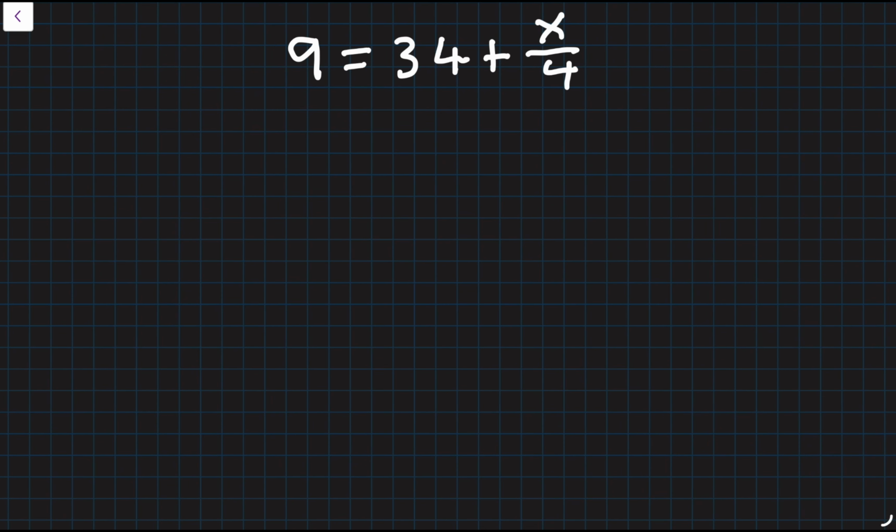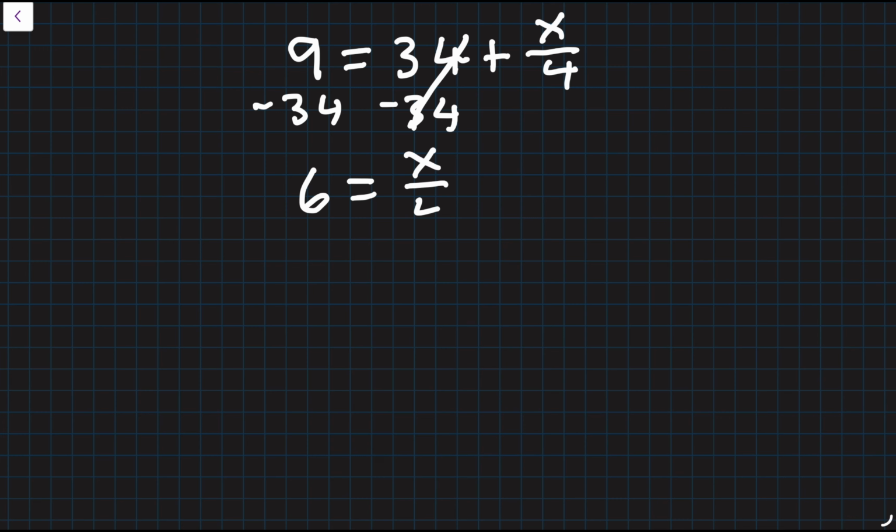Okay, so now let's try this problem: 9 equals 34 plus x divided by 4. First you're going to put negative 34 on both sides, so 9 minus 34 is going to be negative 25. Then negative 25 equals x divided by 4, so we have to cancel out the 4.